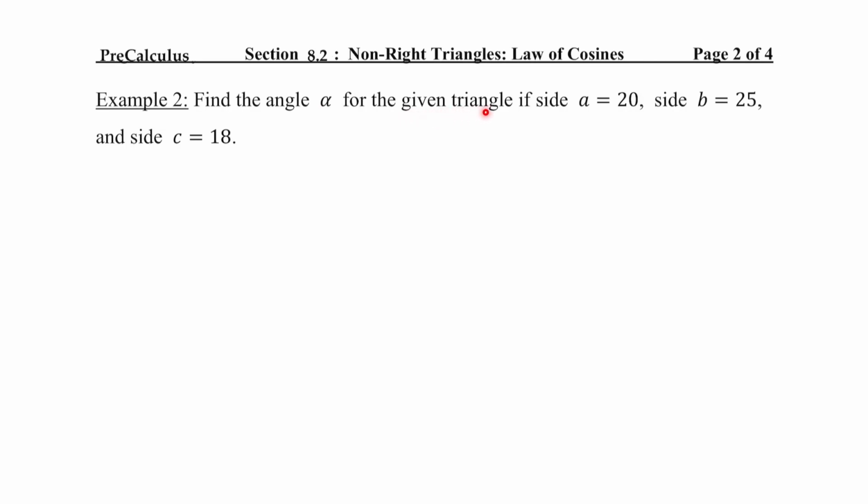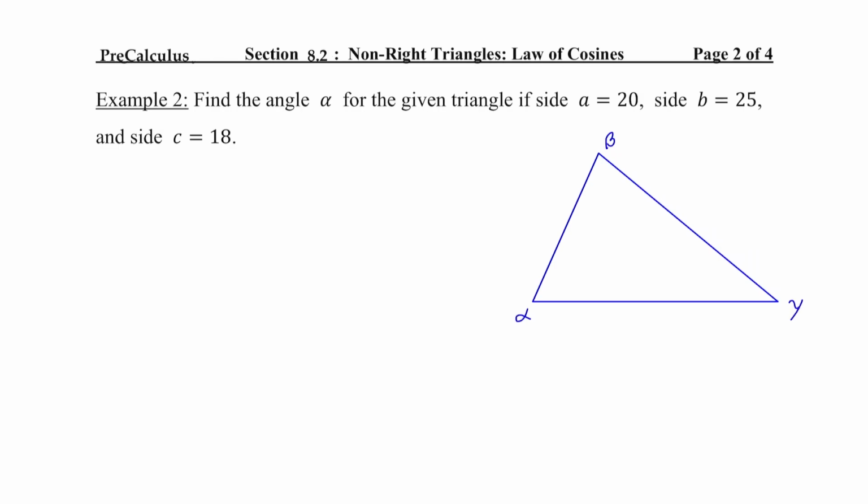Example 2. Find the angle alpha for the given triangle if side A is 20, side B is 25, and side C is 18. In this question, they didn't give me the picture, they only gave me the information, so I'm going to draw a triangle.